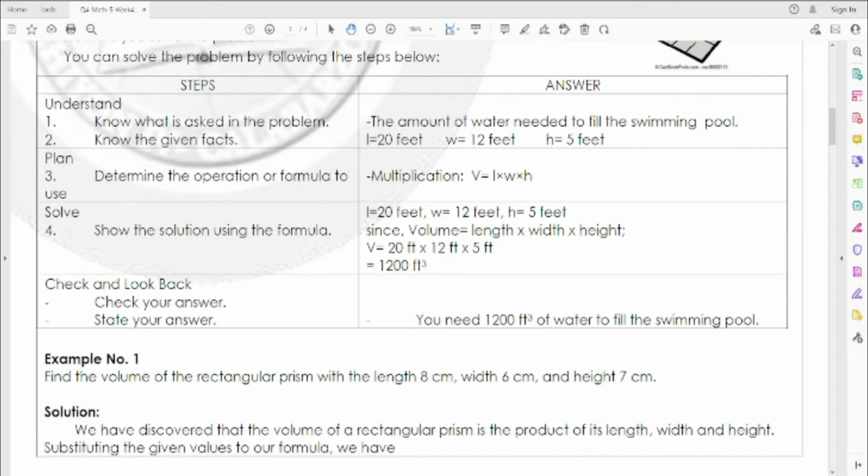So, to know if our answer is correct, check and look back. So this is the step where you will check your answer. Then you will also state your answer: you need 1,200 cubic feet of water to fill the swimming pool.